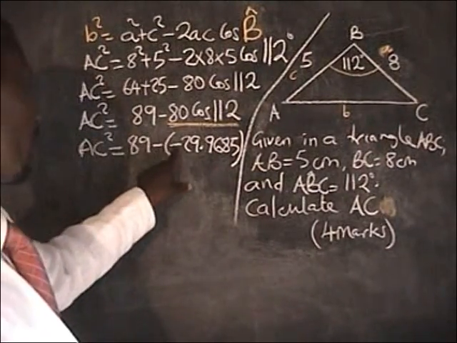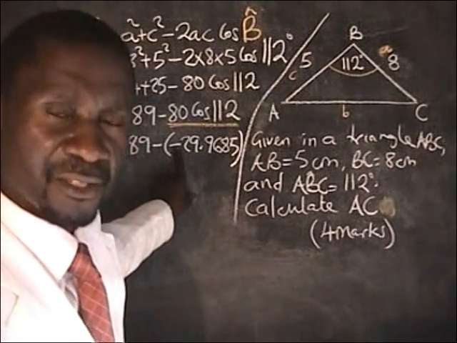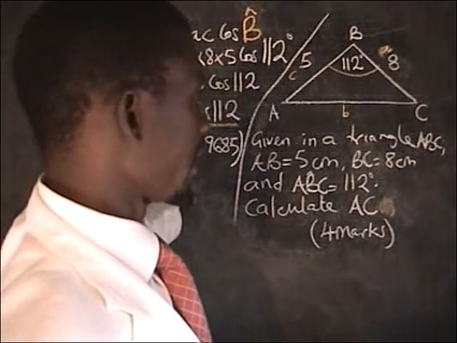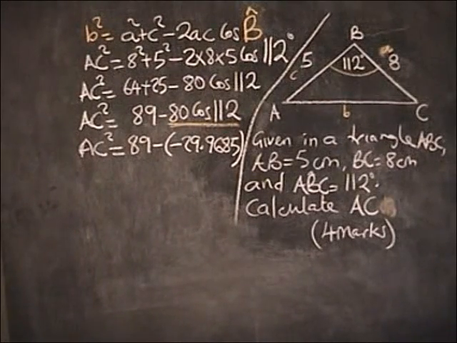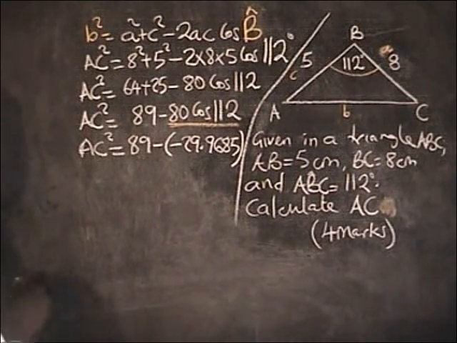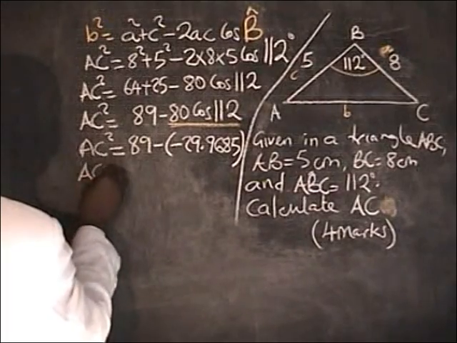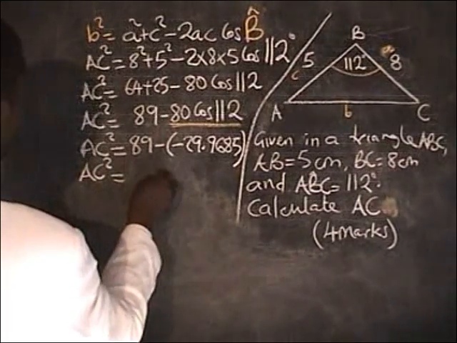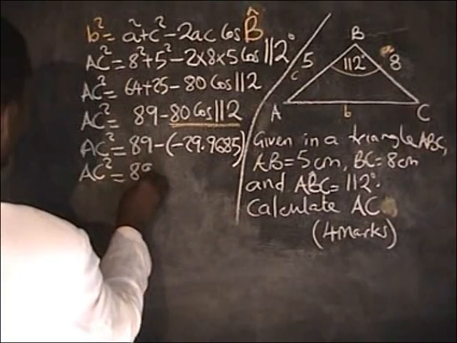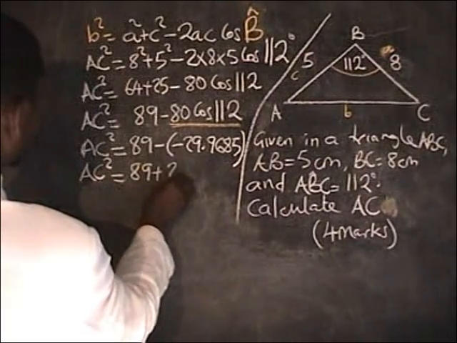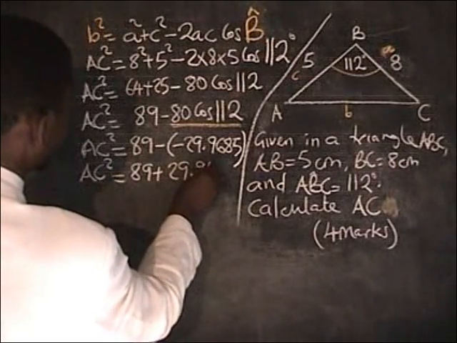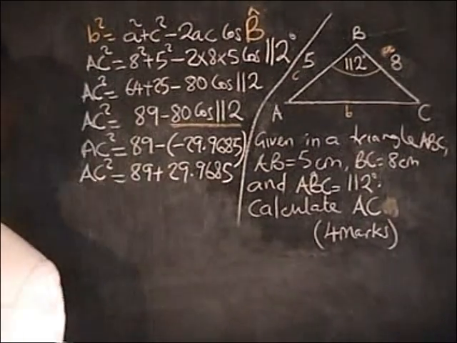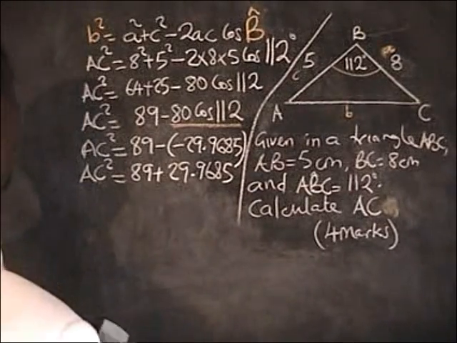Now, because of a negative and a negative there, mind you, a negative multiplied by a negative gives a positive. So these two must be added. AC squared equals negative times negative, it is now 89 plus 29.9685. So you have to find the sum of these two numbers.